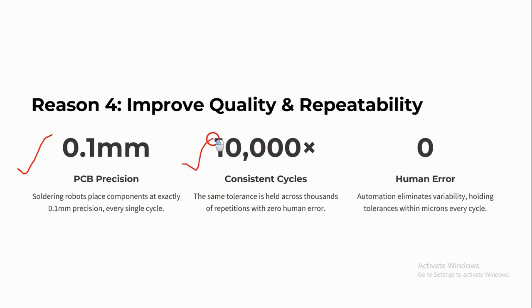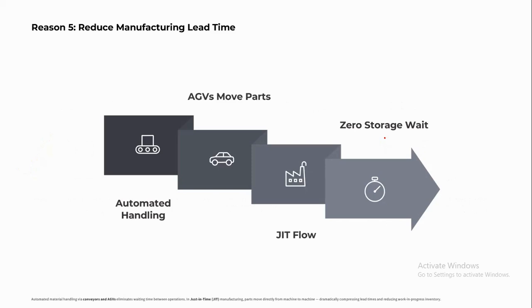So we get accuracy with repeatability. It can perform the work with high accuracy and precision on consistent cycles without producing a single error. Automation eliminates variability, holding the tolerance within microns every cycle.